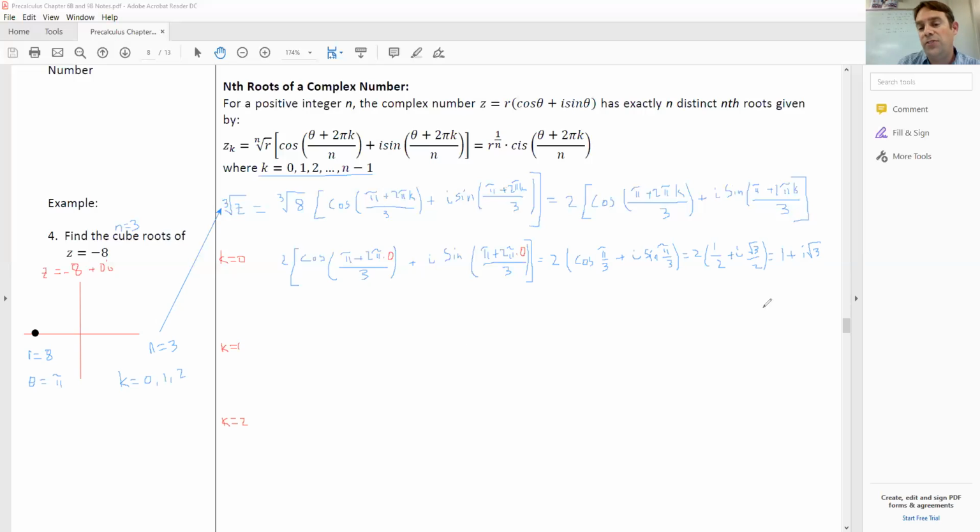So it's not just -2. Now, one of these other ones will give me -2. I don't know which one will do that, but one of them will still give me -2, because I do know that the cube root of -8 is -2.